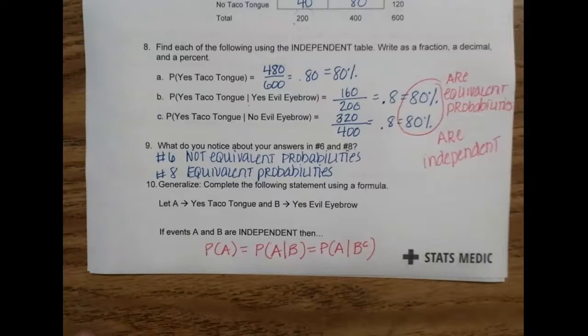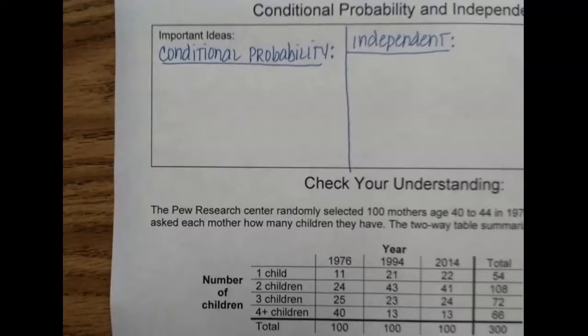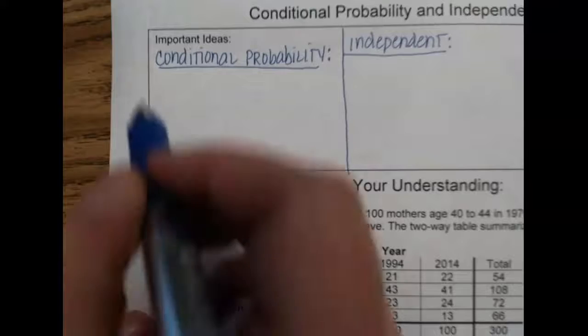So let's go ahead and summarize this down and get our learning targets. All right, so first let's talk about the conditional probability. Now remember, you already know how to pull these numbers out of a two-way table and how to write this. So I'm giving you a formal formula for it.